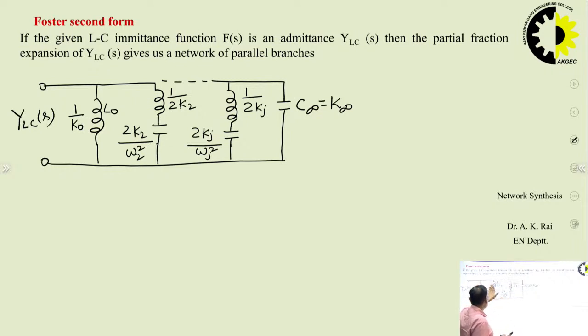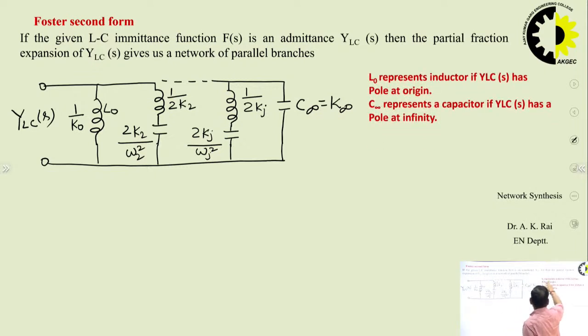So networks are connected in series and then they are in parallel. If the given function is an admittance function, then k0 by s will be an admittance, so it will be the inductor. So this way we can proceed. How will we get this? This is 1 by k2, 2k2 by omega 2 squared, we discussed in the last class, we can discuss also here.